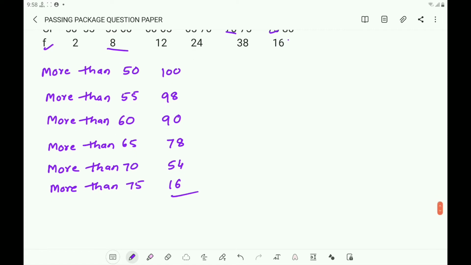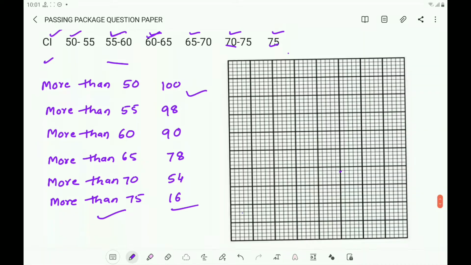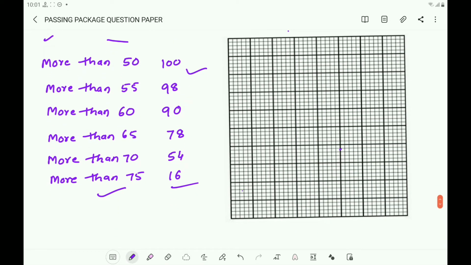Now let us draw the graph here. On the x-axis we have to take the lower limit, and on the y-axis we have to take the cumulative frequencies. Now take the origin here and write the lower limit. Here it starts from 50.